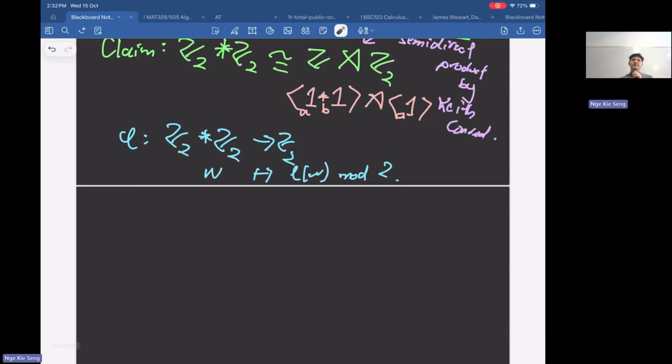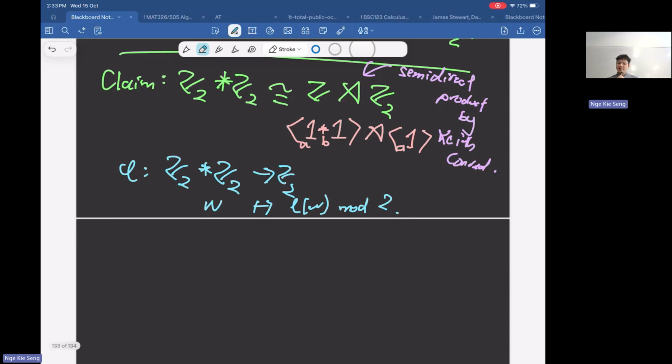Does this mean that it should be... Yeah, actually, yes. You mean, does this imply that? Yes, I think definitely. The other way around would require you to define the semi-direct product.